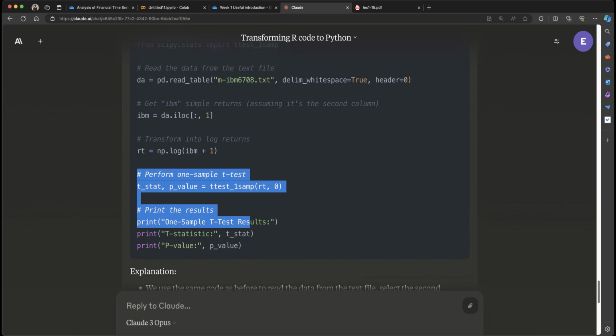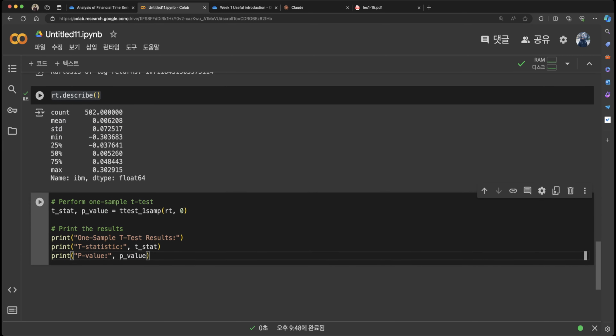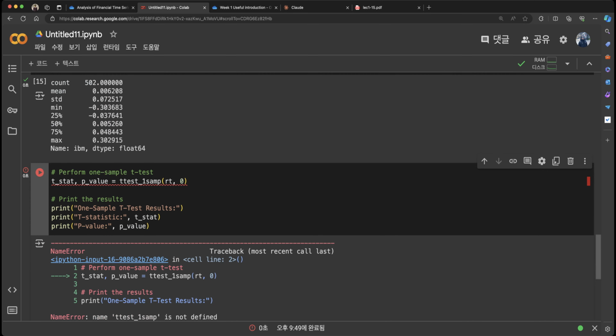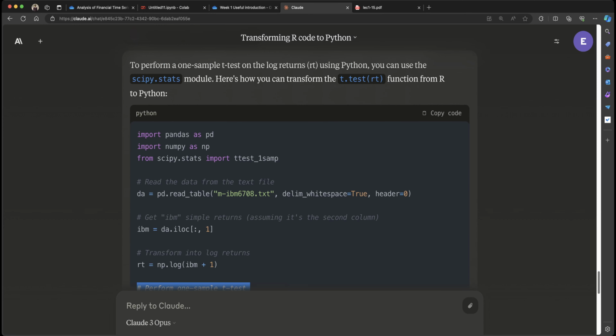Perform the one sample t-test, and then in the code, t-stat is not defined, so I have to import this one, SciPy stats.